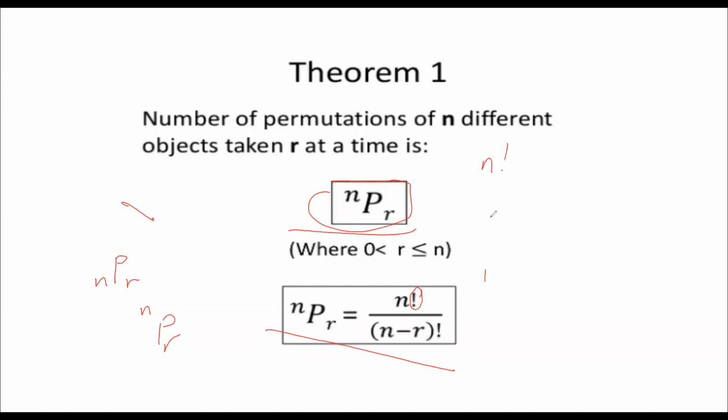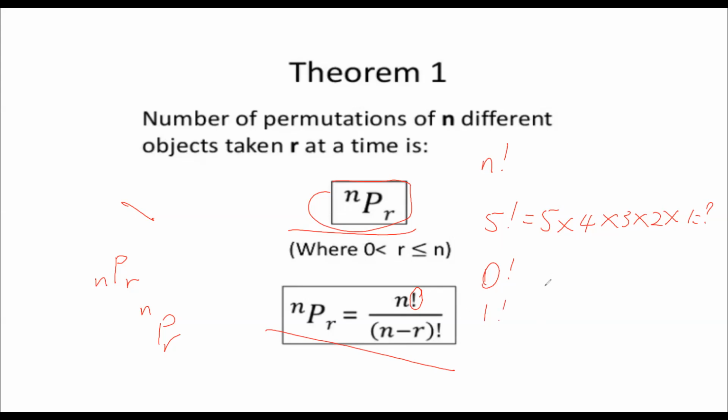Let me use some examples. Let's say I have 5 factorial. What that means is this: 5 multiplied by 4 multiplied by 3 multiplied by 2 multiplied by 1, and whatever that is equal to, that's 5 factorial. Some things, 0 factorial, 1 factorial.